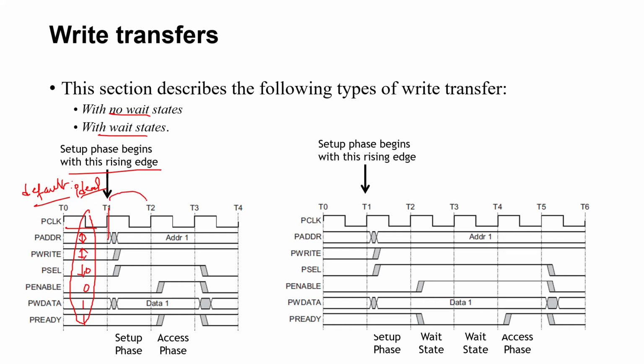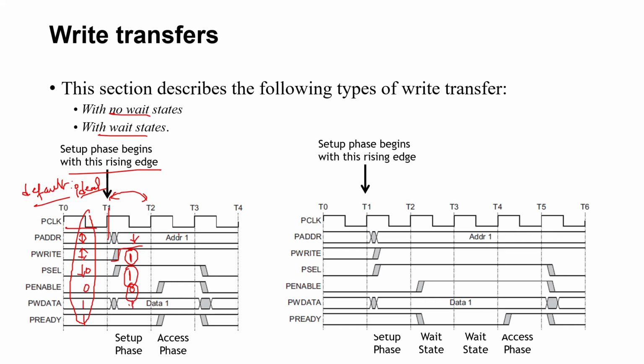During T1 to T2, one clock cycle, I am maintaining a valid address here. Okay, so here valid address, and also my PWRITE signal should be high. PWRITE should be high means I am doing the write operation. And then the PSELECT signal is also high. And the enable signal should be 0 only still. And then we need to maintain the valid data here also.